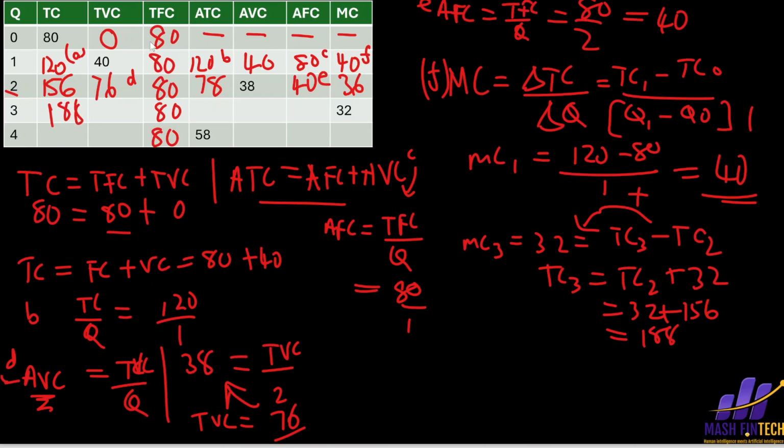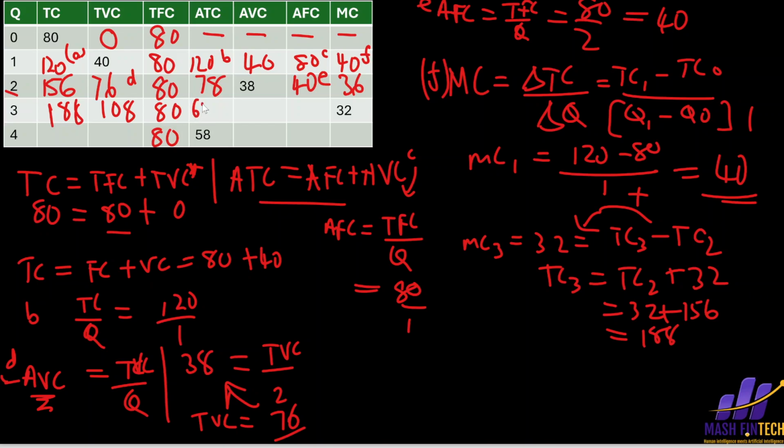All right. And then the variable cost is simply using this formula here. The total variable cost is the total cost minus total fixed cost. 188 minus 80, it must give you 108. And the average total cost is 188 divided by 3.